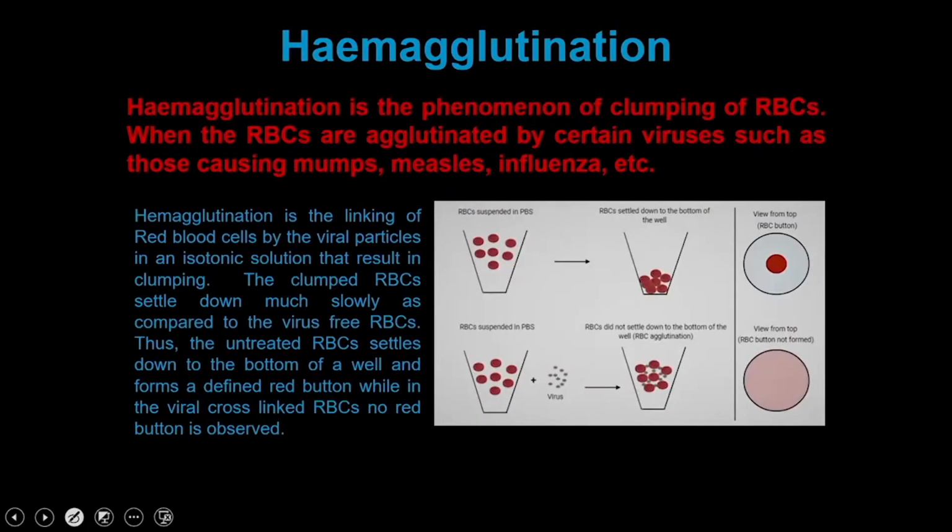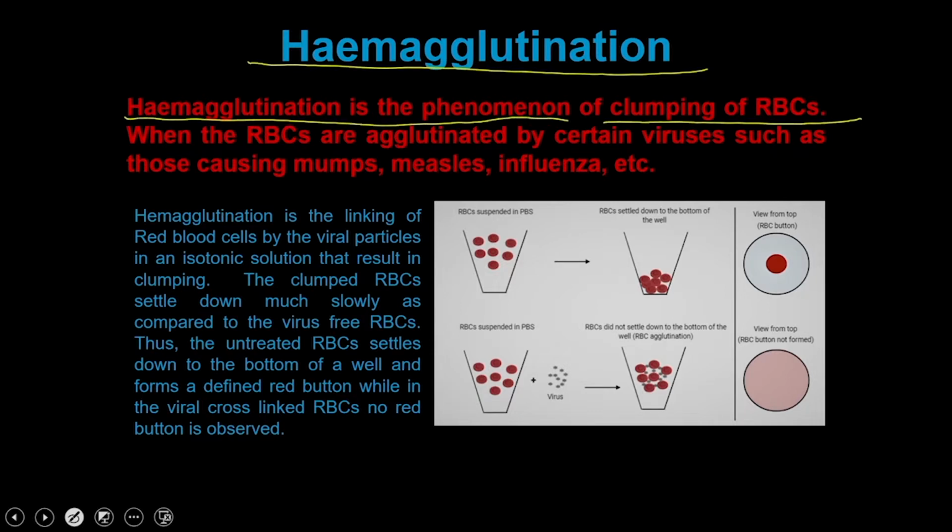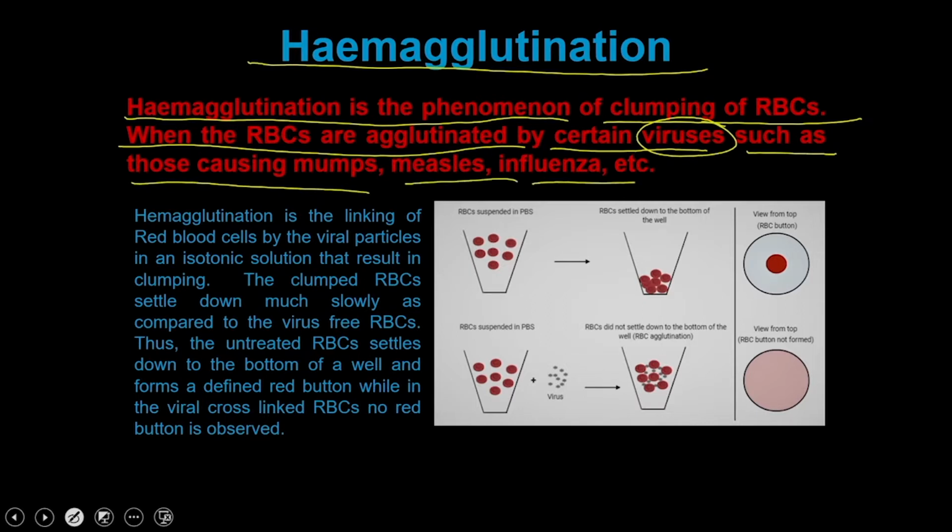Now, apart from the indirect agglutination test, you can also do hemagglutination assays or hemagglutination reactions. The hemagglutination reaction is the phenomenon of clumping of RBCs when the RBCs are agglutinated by certain viruses such as the NDV virus, or those causing mumps, measles or influenza.